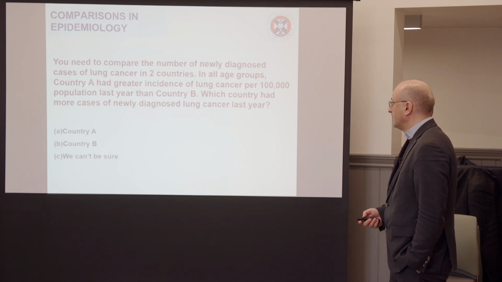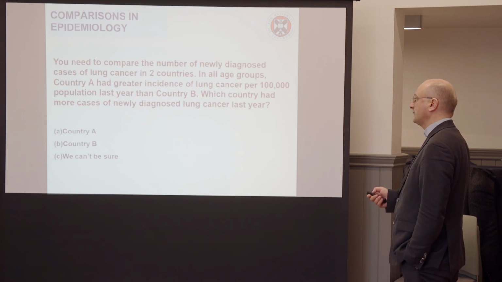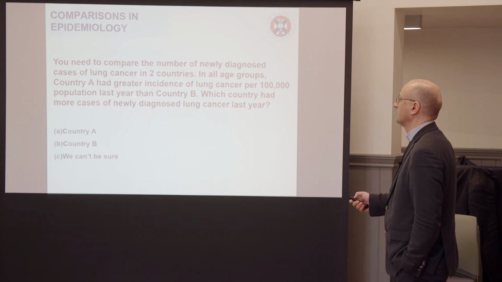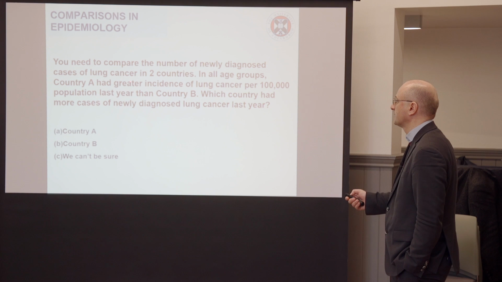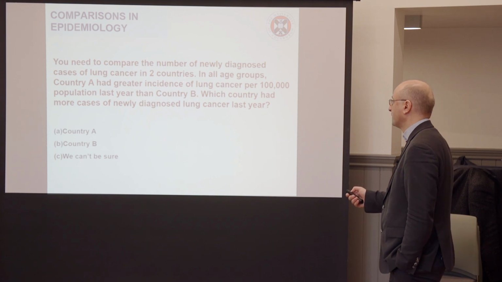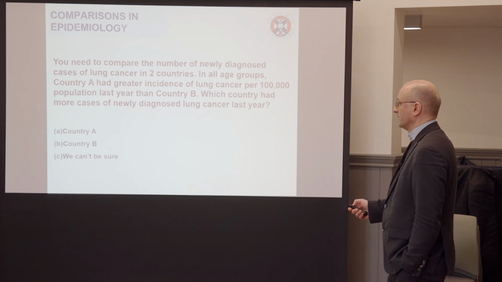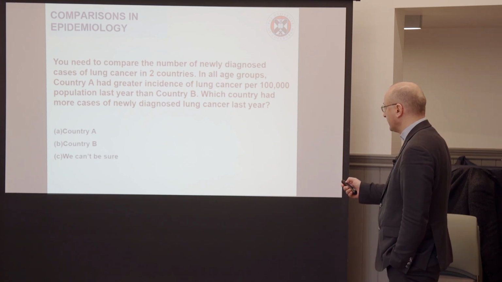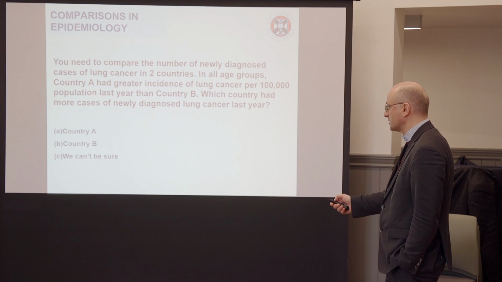Okay, so let's say that we need to compare the number of newly diagnosed cases of lung cancer in two countries. In all age groups, country A had a greater incidence of lung cancer per 100,000 population last year.